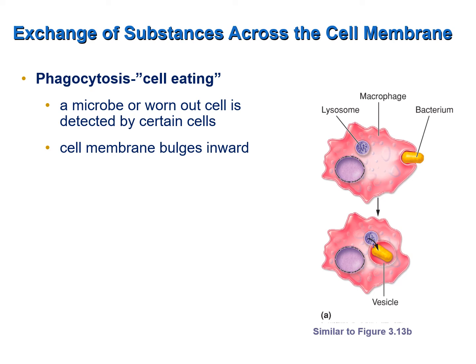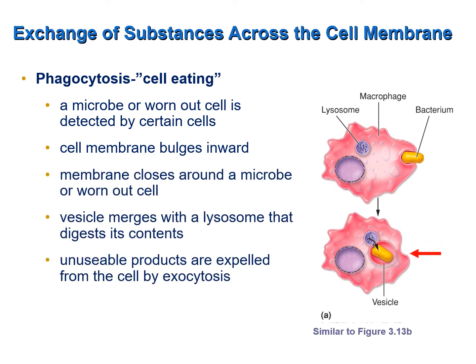Certain cells of the body can detect microbes and worn-out cells and move toward them. Once in contact with them, the cell membrane bulges inward and the objects are brought into the cell in membrane-bound vesicles. Lysosomes merge with those vesicles, dumping their digestive enzymes into the vesicle.